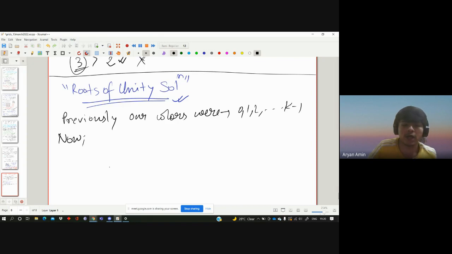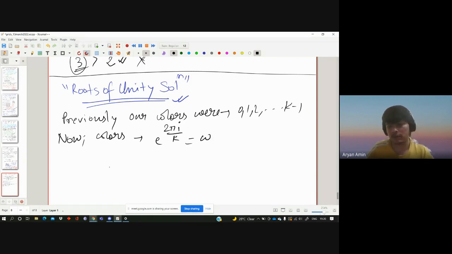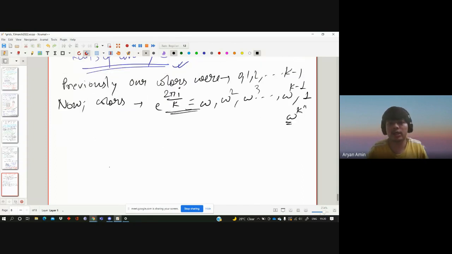Now our colors will be e to the power 2 pi i over k. Suppose you call this value omega. So our colors will be omega, omega squared, omega cubed, up till omega to the power k minus 1 and 1, which is basically omega to the power k. So basically you are using the roots of unity as colors.